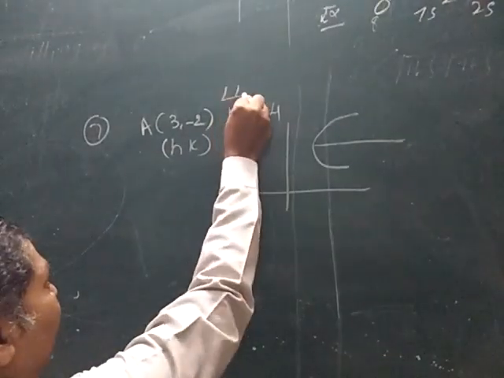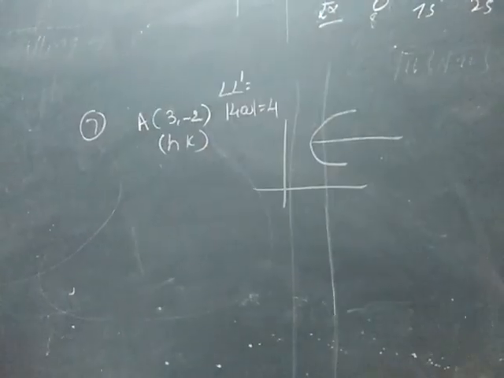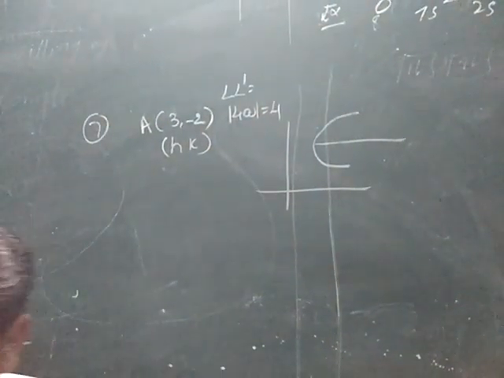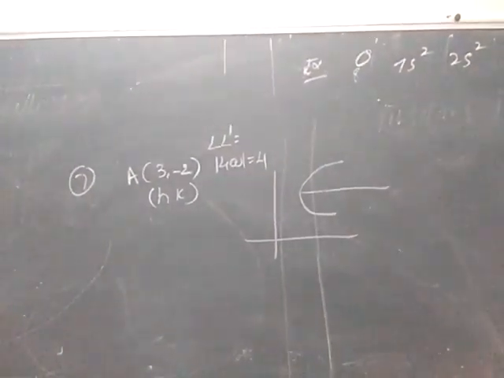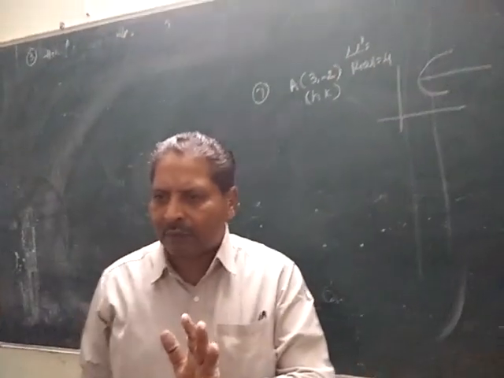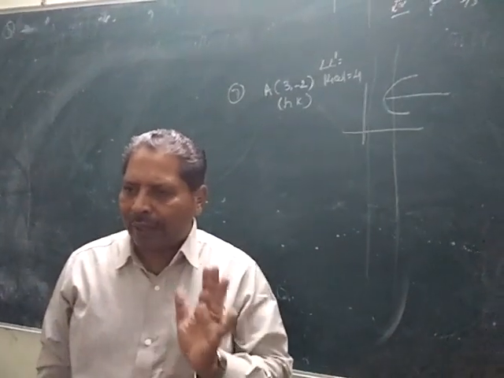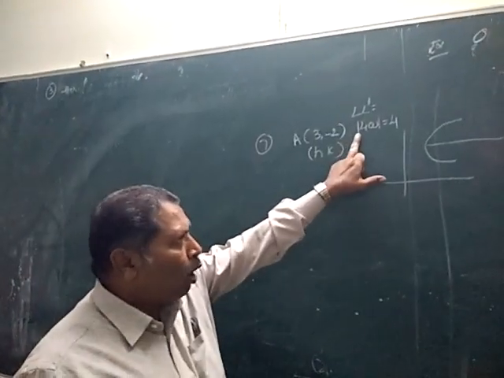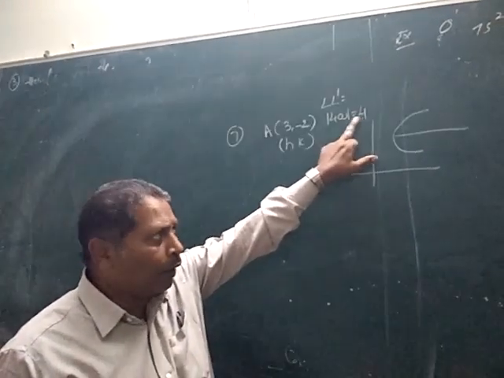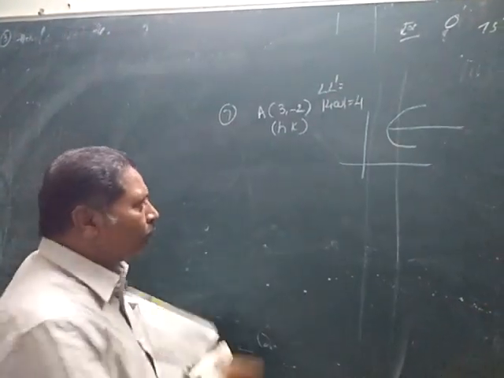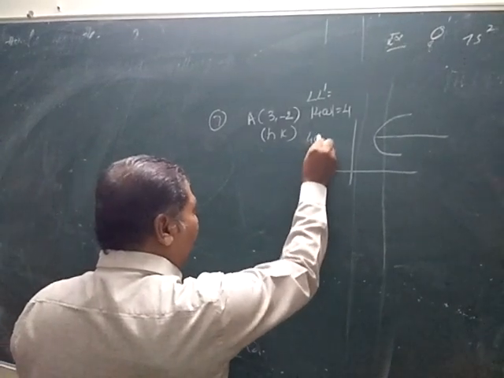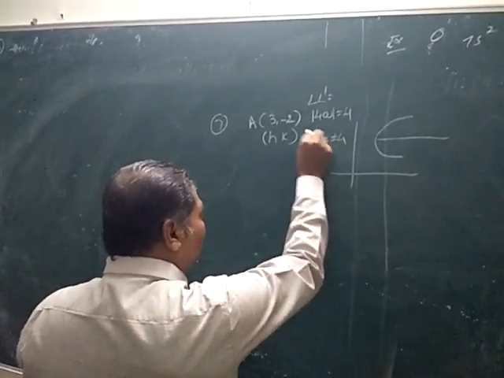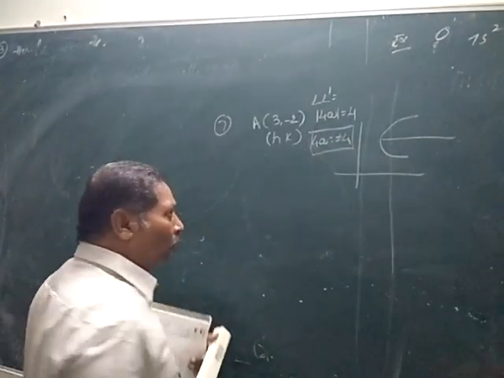Length of the latus rectum in all 4 cases: the length of the latus rectum symbol is L dash. Modulus of 4a equal to 4. 4a equal to plus or minus 4.